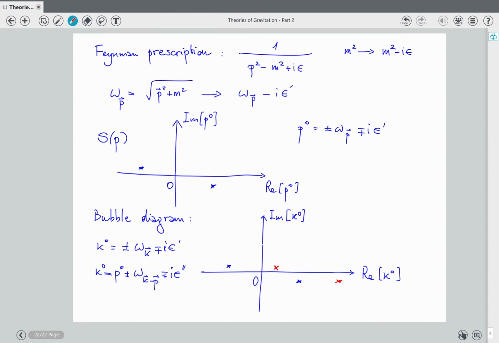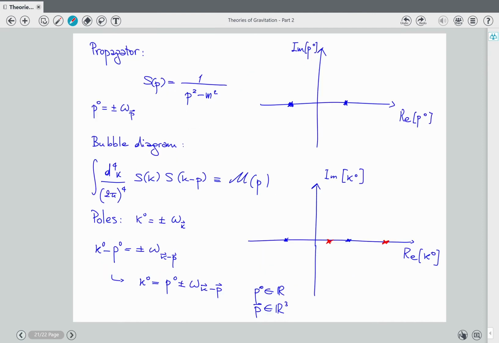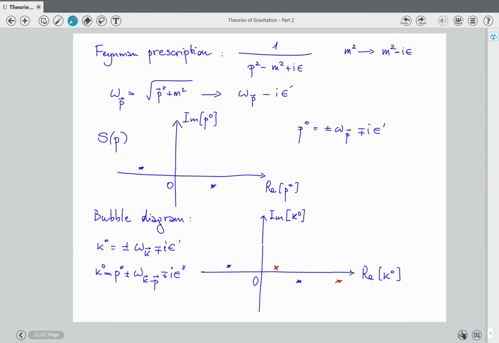They can move in their complex plane, but if P0 and P are real, they can only translate and become more distant or close to each other. So now you know how to compute the integral here on K0 by means of the residue theorem.